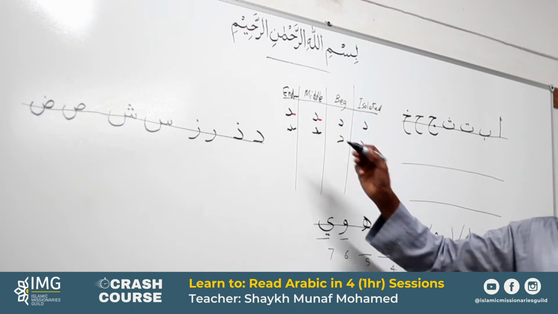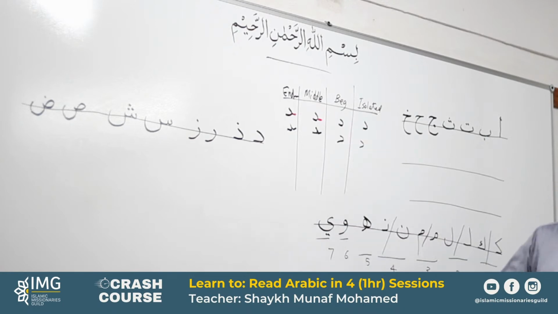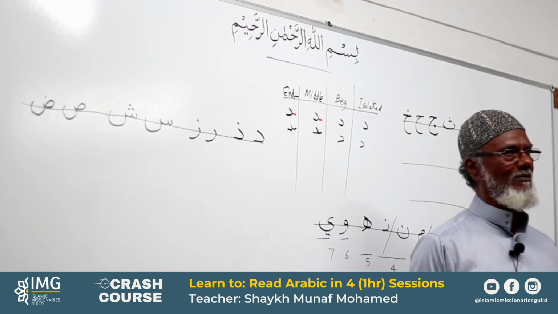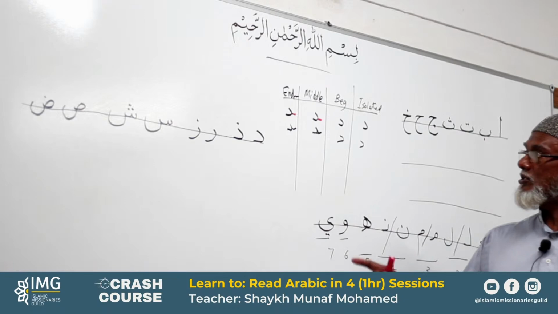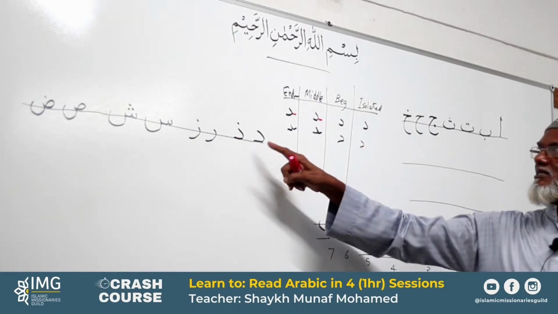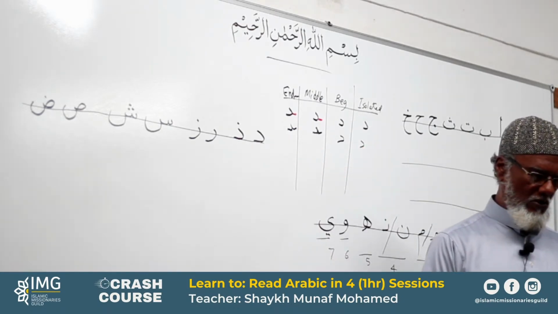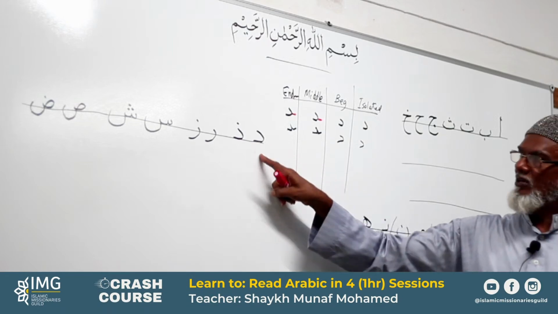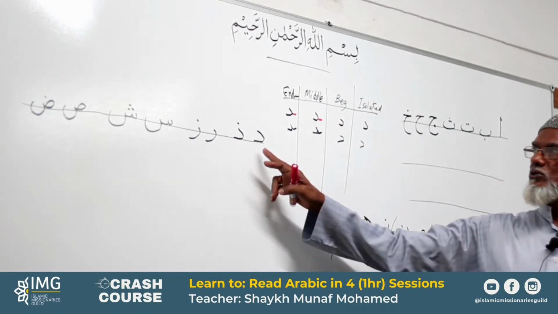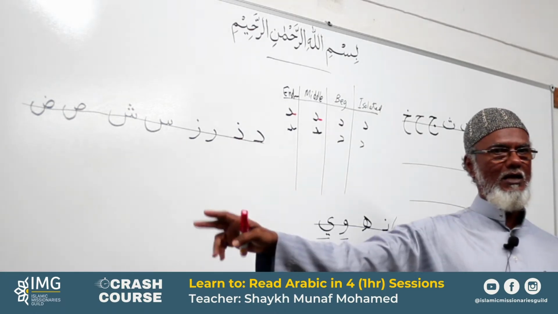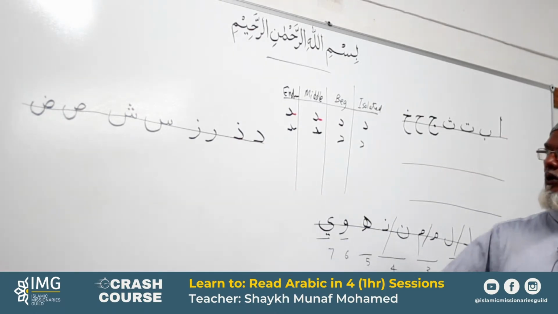But if you could identify the attachment line, separating it, that will remove the confusion. So dal and dhal would be the same thing. For your handout, I only wrote one of each pair, only one letter. So whatever happens to one is the same thing that will happen to the second one in the pair.